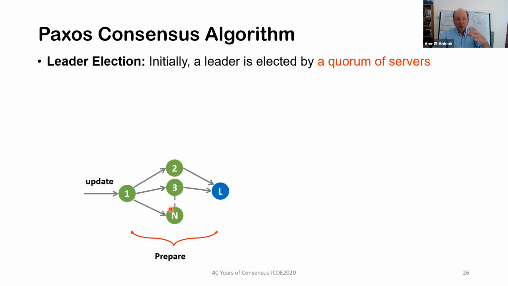Why? Because we need to have intersection. So 2 quorums must intersect. There must be an intersection between the quorums. An intersection is easily achieved if I have a majority, half plus 1 of the number of processes. That's why n needs to be known. We need to know n so that when I get a quorum, I know that I have gotten a majority of the number of sites in the system.